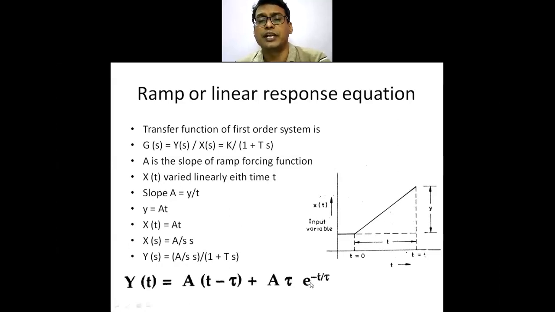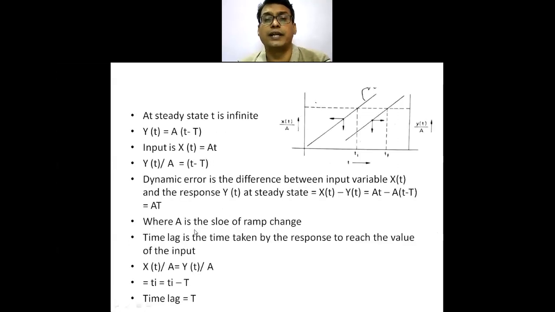The remaining term will be only A into t minus tau. So you know the output, you know the input. So I am now going to plot a graph between the input against time and the output against time.